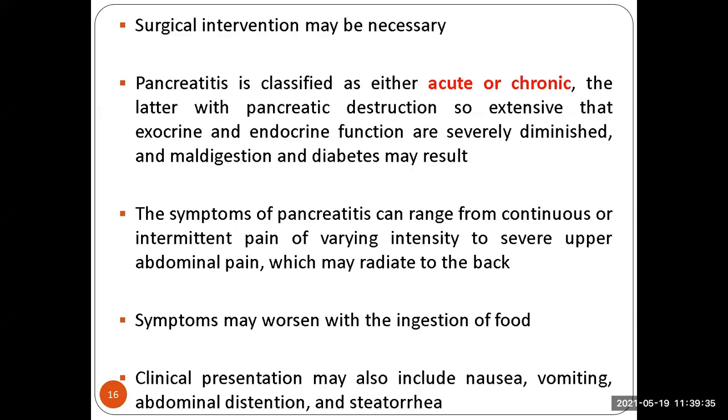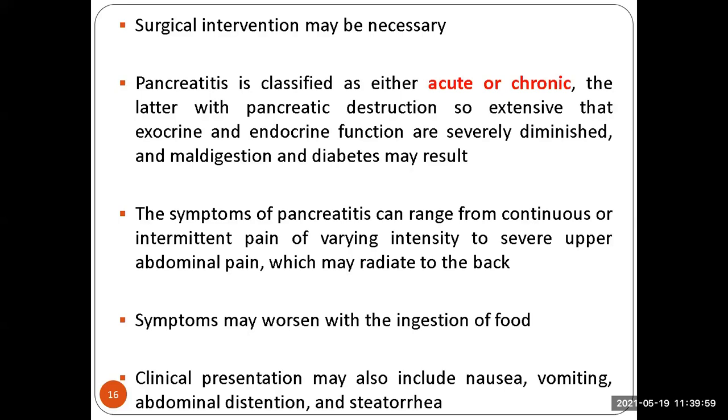Surgical interventions also become essential in some cases, and again, it is classified into acute and chronic, the latter with pancreatic destruction so extensive that exocrine and endocrine functions are severely damaged, and maldigestion, meaning improper digestion, and diabetes may result.